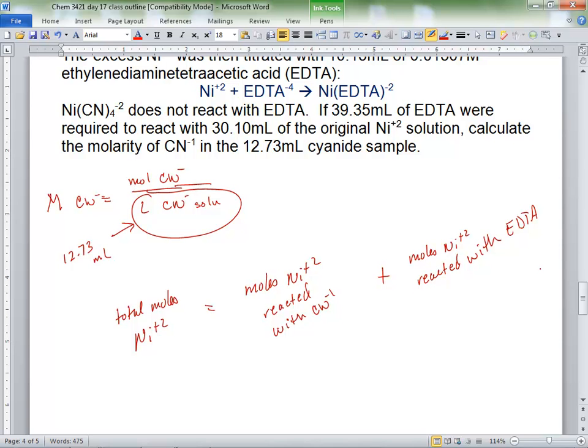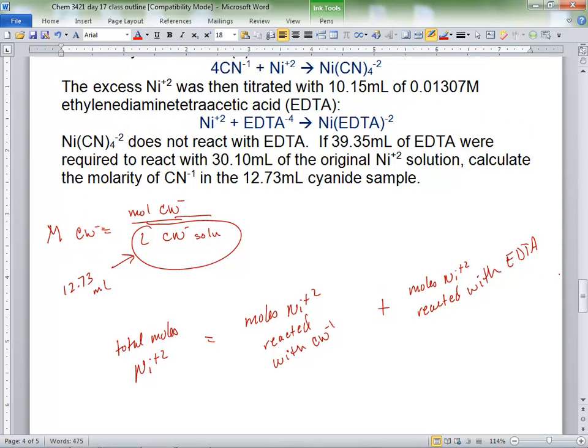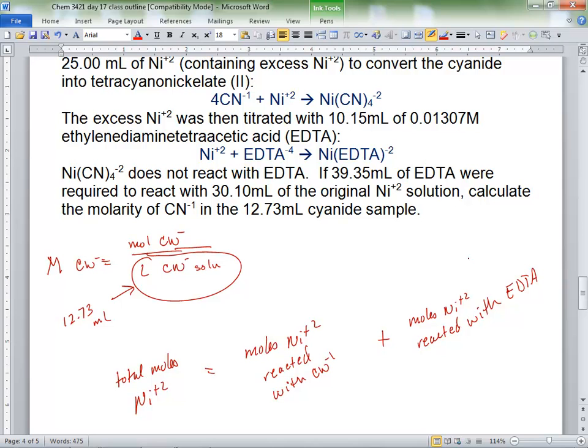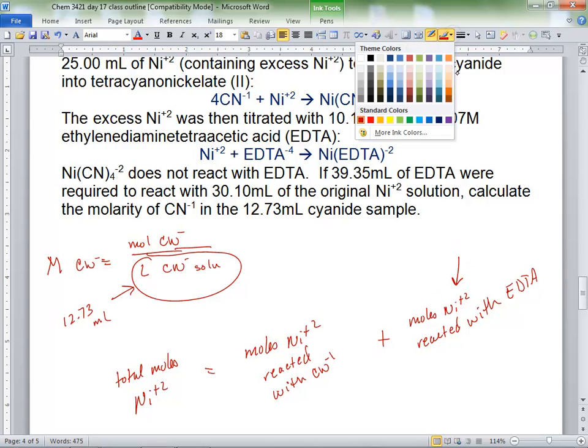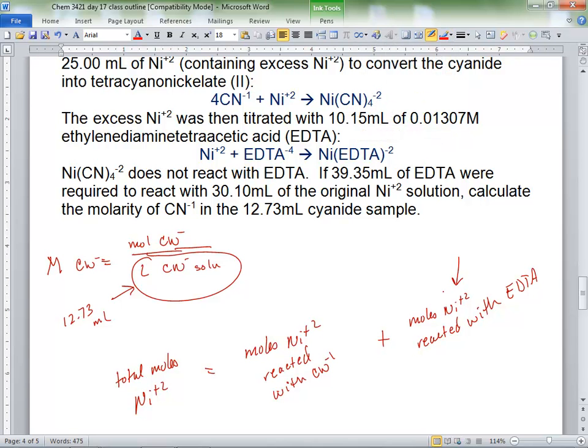Now, we have to look at these solutions. How about let's start with this one. How do you get this one? Do you see the titration data to get it? It's the excess that does not react. It's the excess one, right? The 10.15 mL. You're going to use this to get it.